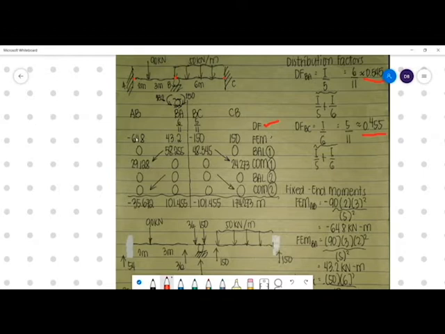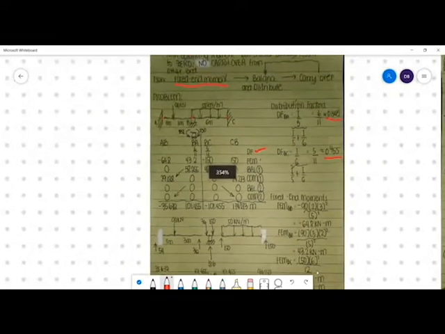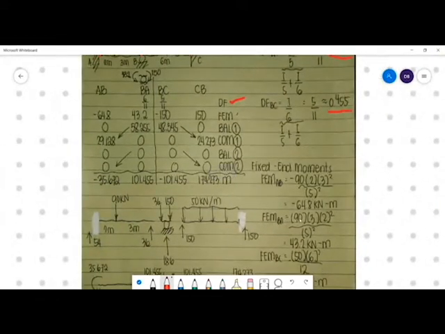Our sign convention for fixed end moment is the equilibrium sign convention. For BA, FEM BA is 90 times 3 times 2 squared over 5 squared, which is equal to 43.2 kilonewton meter.